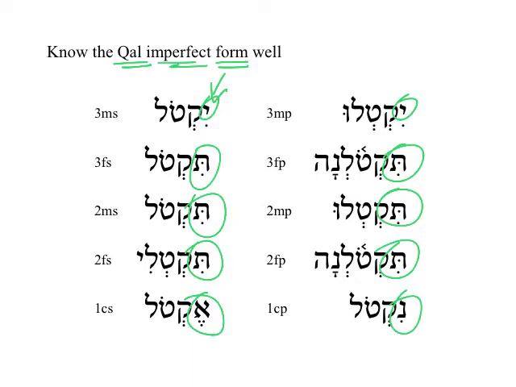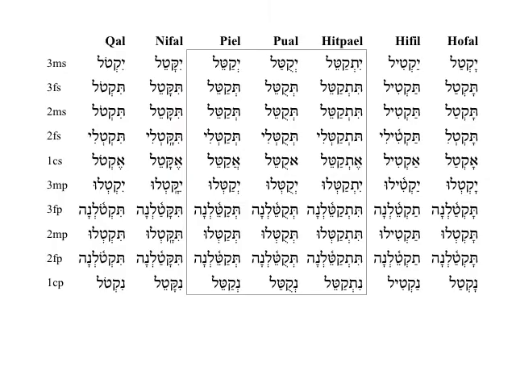So it's super important to memorize the kal very well, because it's going to be the same across all the different main stems. And as you can see here, if you look across horizontally, we have exactly the same prefix pronoun consonant for the third masculine singular on all of these.